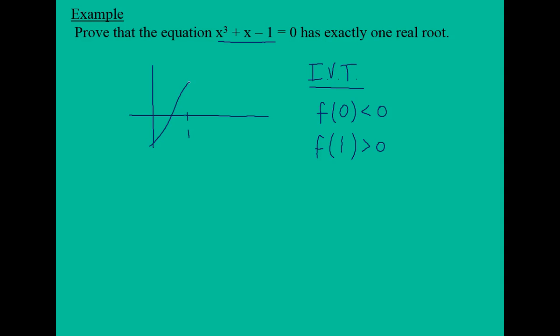Now, if this graph crosses the x-axis again, it would have to come down, cross the x-axis like this.